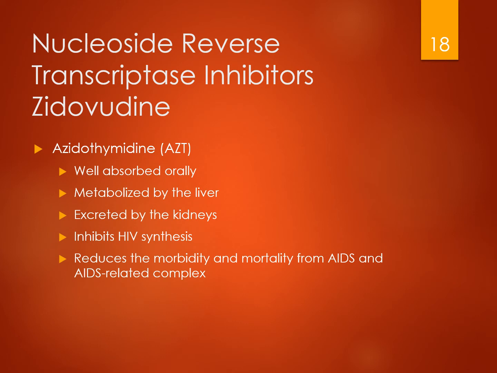So AZT is well absorbed orally, metabolized by the liver, and excreted by the kidneys with a half-life of about an hour. So AZT inhibits HIV synthesis and reduces the morbidity and mortality of AIDS and AIDS-related complex. Opportunistic infections are reduced in both number and frequency.